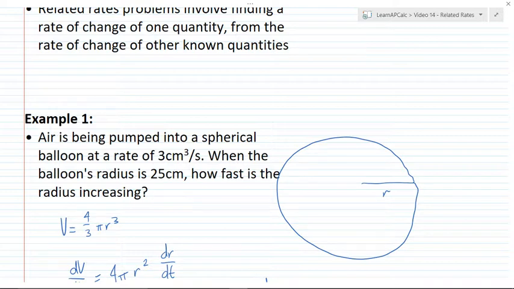When the balloon's radius is 25 centimeters, how fast is the radius increasing? So essentially, from the rate of change of the volume, I want the rate of change of the radius, and that's the idea of related rates.